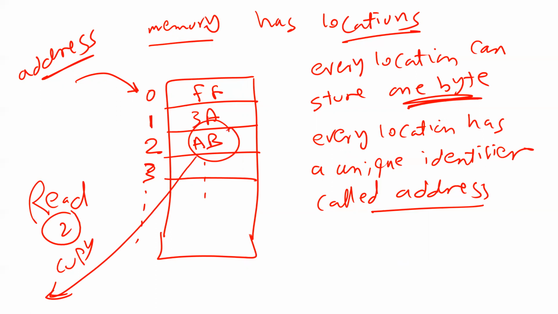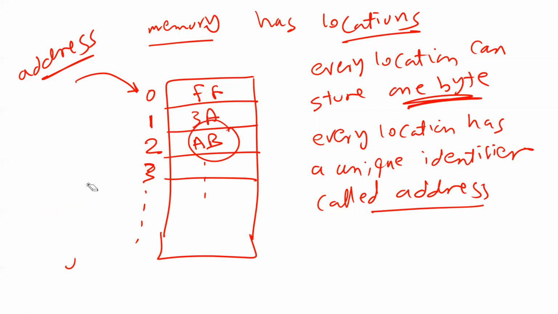However, if I tell the memory, I want to write FF in location number 2, you know what's going to happen? It's going to override the old value and put FF. The last information is gone.